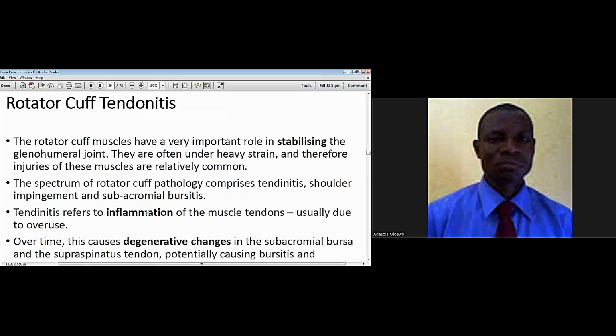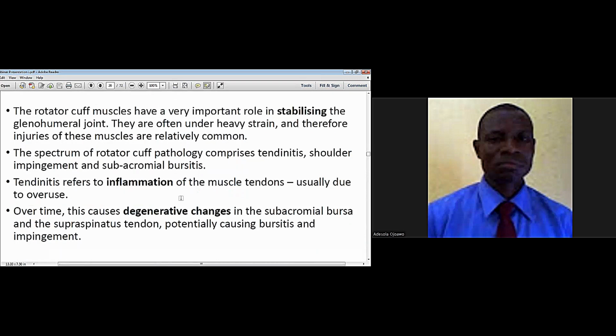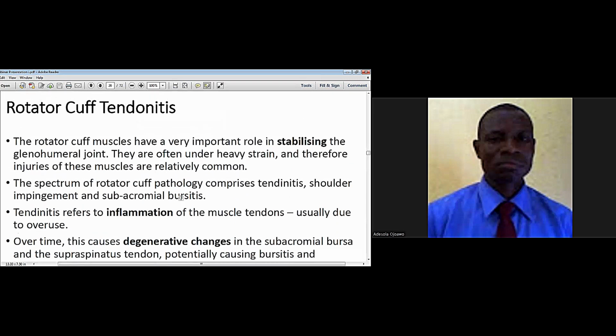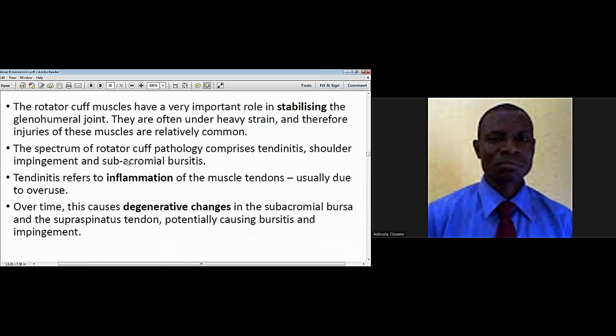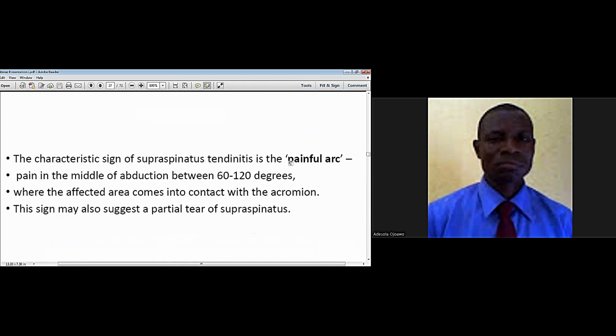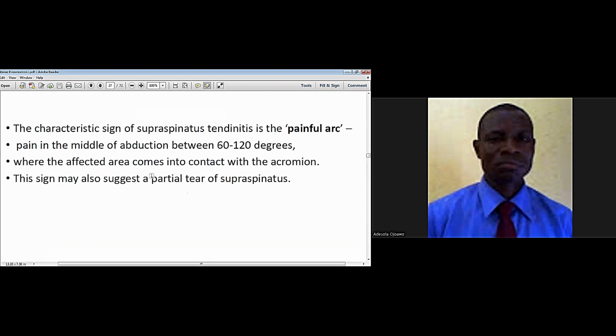The supraspinatus may be affected and there can be bursitis. All those lead to what we call pushing shoulder and cause pain. The characteristic sign of supraspinatus tendinitis is the painful arc, which I think all of us are familiar with. That's when there's abduction, it's painful at 60 to 120 degrees.